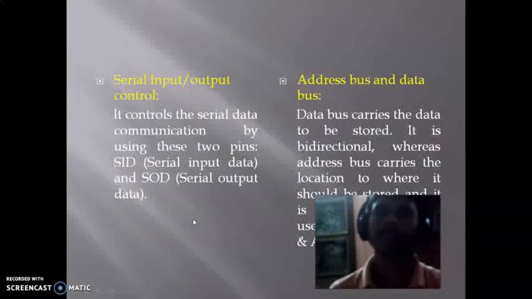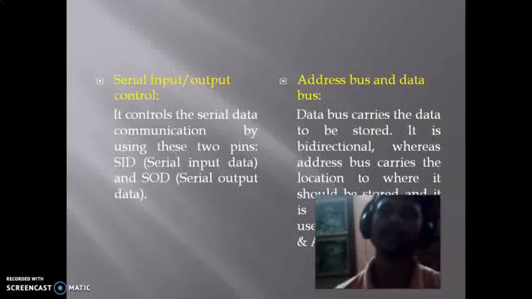Next, serial input output control. Basically, the communication may be in a parallel way or it may be in a serial way. If the microprocessor wants to send some data serially, then we need these 2 pins or signals, that is SID and SOD.